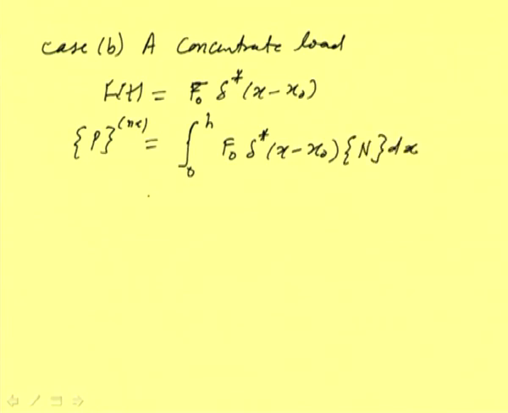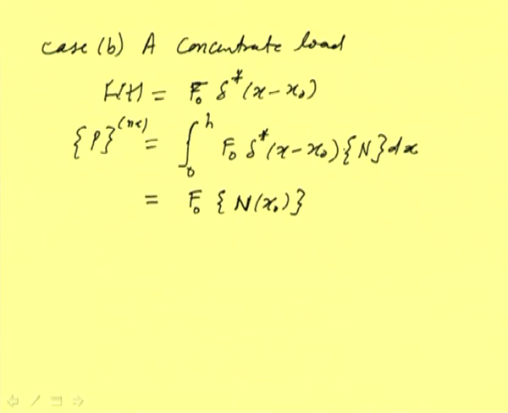So basically, as we see the property of the Dirac delta function, we can say that we just have to substitute x equal to x naught in all the N's. So we will get the integration of this quantity.